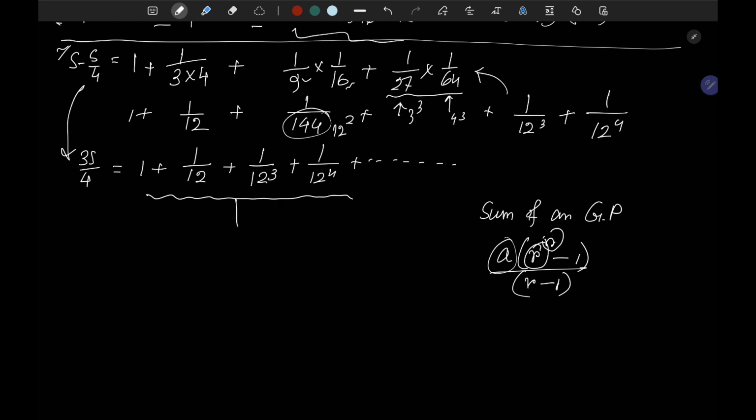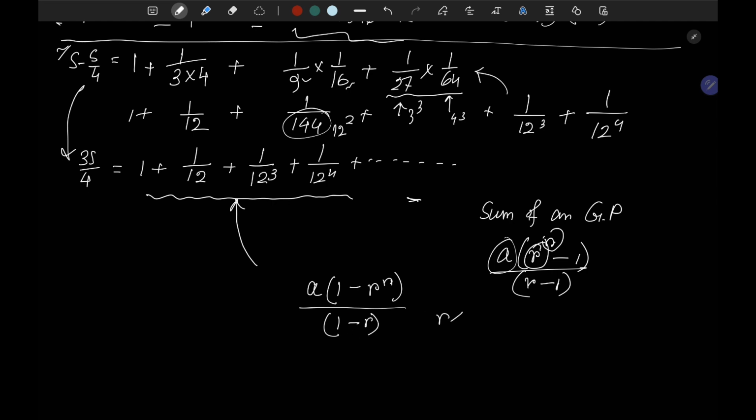In case of this kind of series where the terms are gradually decreasing, if we stretch this up to infinite, then the value will become much and much smaller, right? So for this kind of series, it will be written as a into 1 minus r to the power n by 1 minus r.